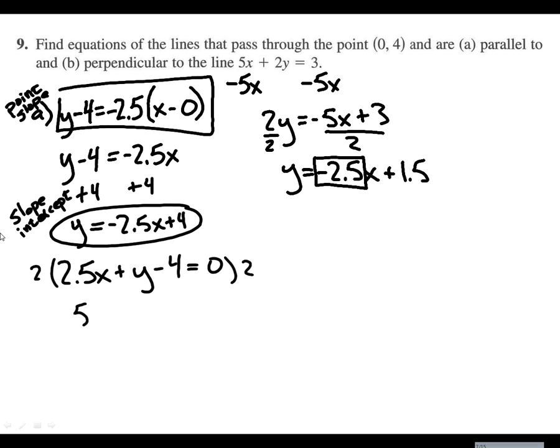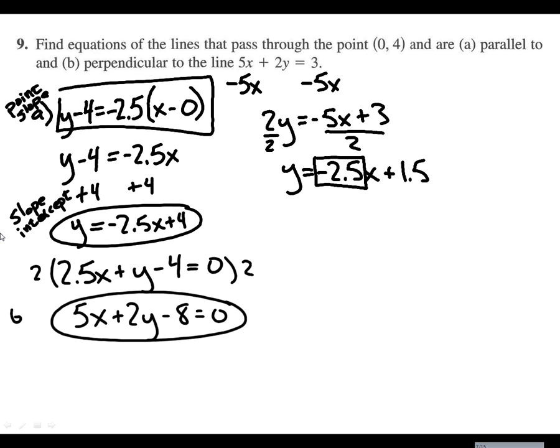So we would have 5x + 2y - 8 = 0, and we would call this the general form. So let's go ahead and find the same exact thing for the perpendicular line.